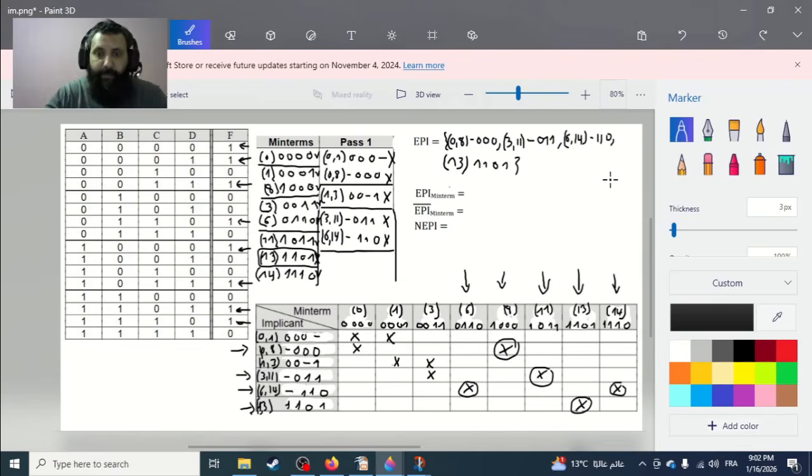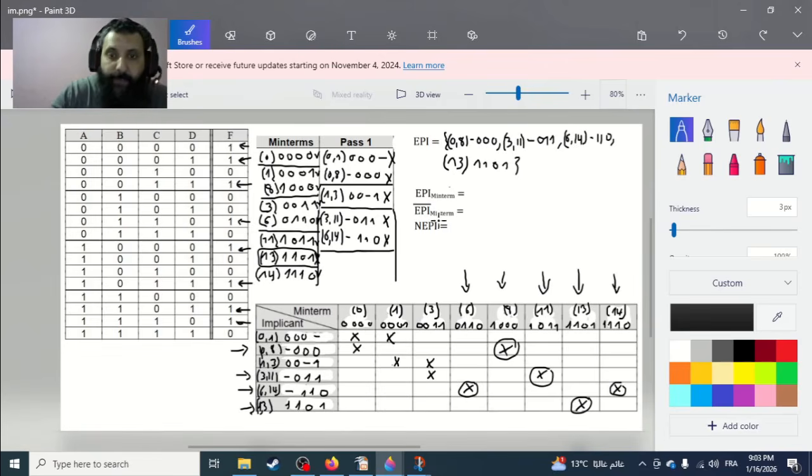Now let's see what we can delete from what's left. We can see that this one, for instance, is left, and this one is left. Maybe we can reduce some of them. To know that, we have to continue our method.